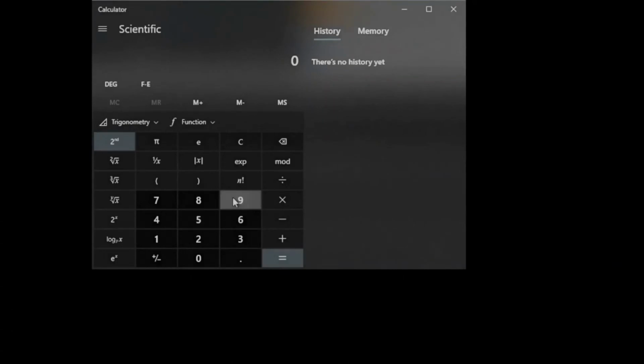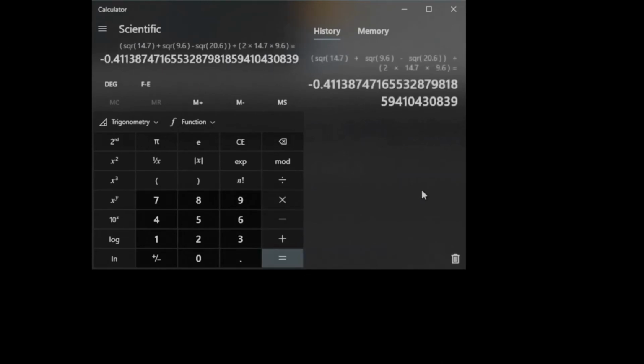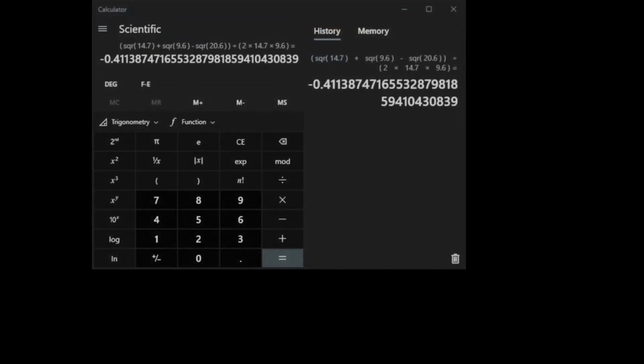So I'm going to type in bracket 14.7 squared, plus 9.6 squared, minus 20.6 squared, close the bracket, divided by, open the bracket, 2 times 14.7 times 9.6. Close the bracket, press equals. We get a very interesting result here.